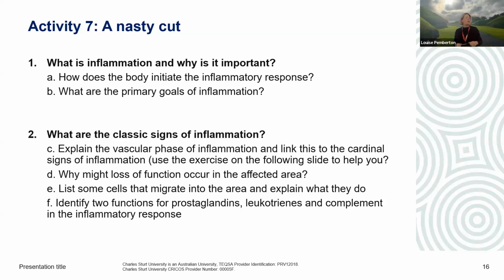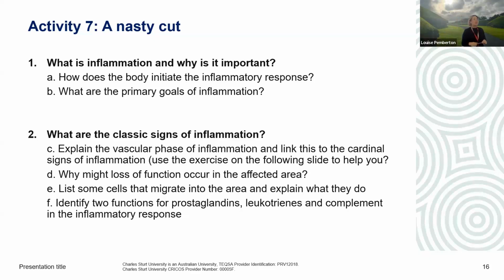So what is inflammation and why is it important? So it's an innate immune response, exactly, to tissue damage, which might be caused by an infection. But remember, infections are not the only cause of inflammation. I'm sure you've all sprained something, twisted an ankle or something like that.